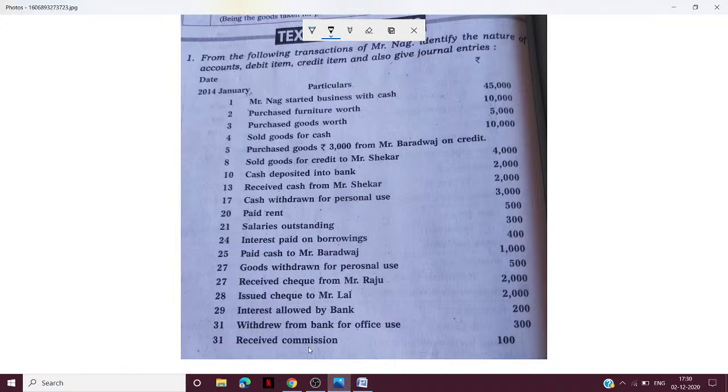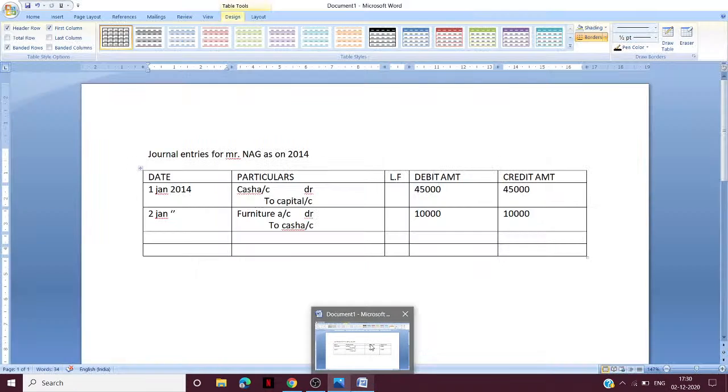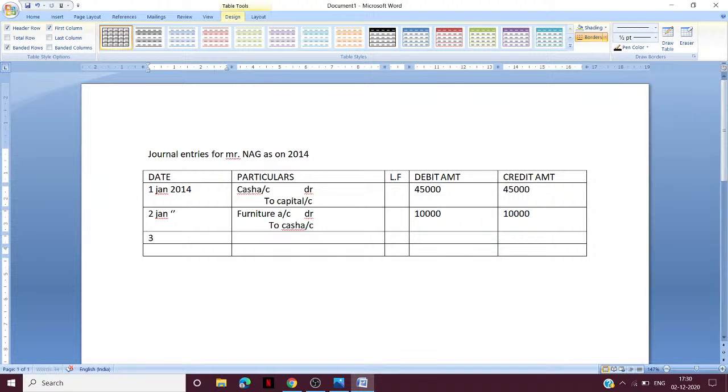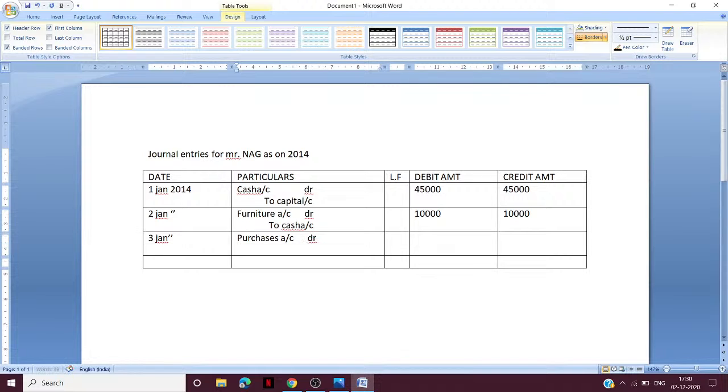So the transaction, as we know, 3rd Jan, only we should write purchases account debit to, what is going out?